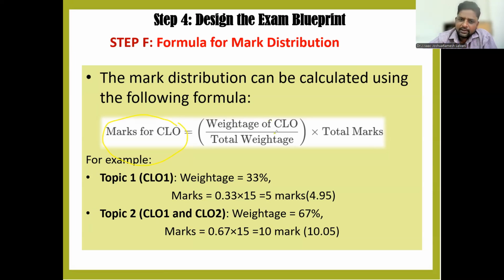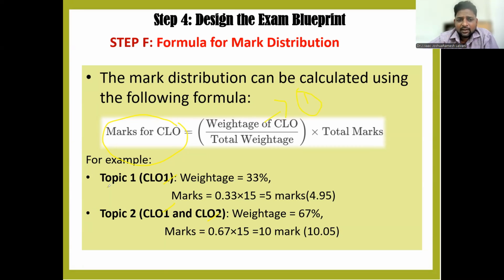So what is the weightage of a CLO? Suppose you are having an examination for three CLOs: CLO1, CLO1 and CLO2. Topic 1 will have one CLO and topic 2 will have two CLOs. So the weightage of the CLO will be 1.